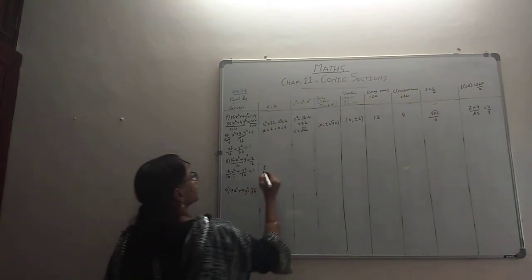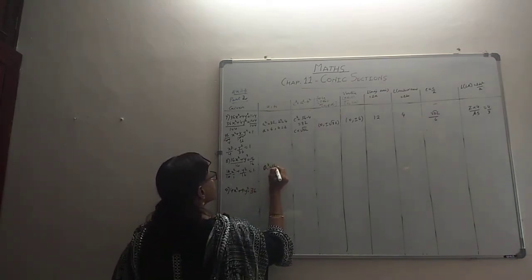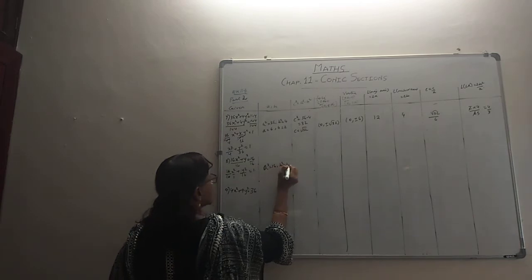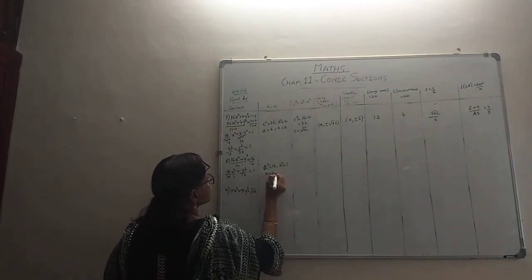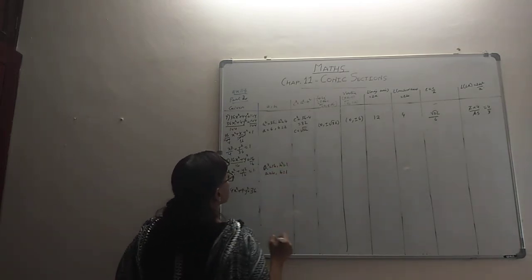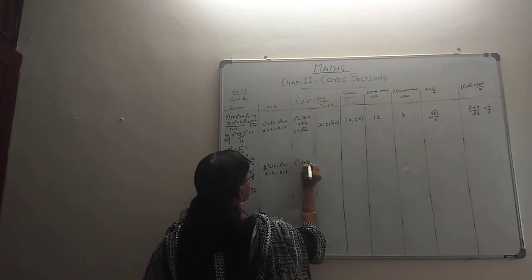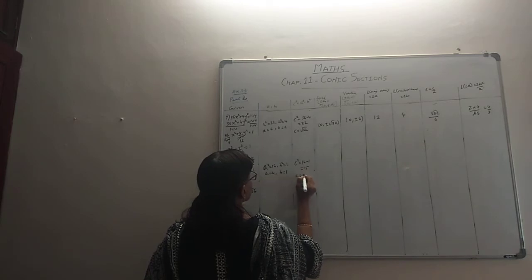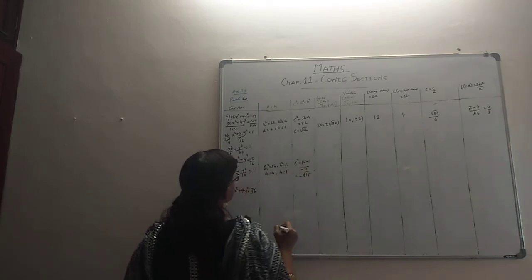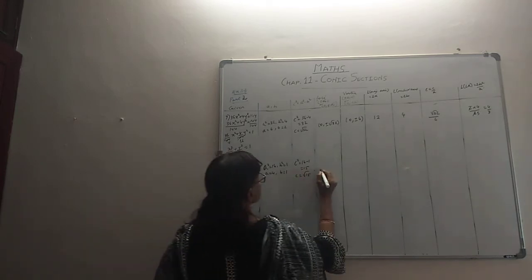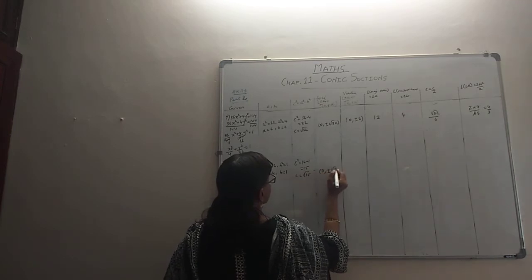So you will get a squared as 16 and b squared as 1, where a becomes 4 and b becomes 1. Like that you will get the c squared value. C squared value will come to 15, 16 minus 1. C value becomes root 15. So your focus, because it's of type 2, will be 0 plus or minus root 15.